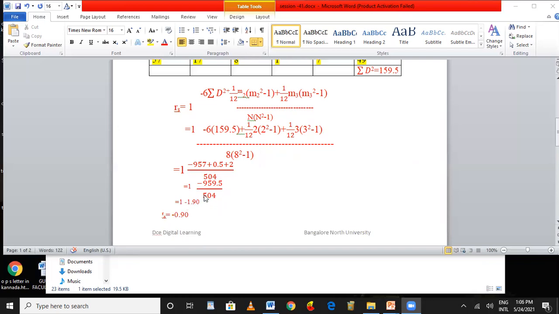If you simplify, the numerator is 959.5 and the denominator is 504. If you divide, you get 1.90. So 1 minus 1.90, Rs is equal to minus 0.90.